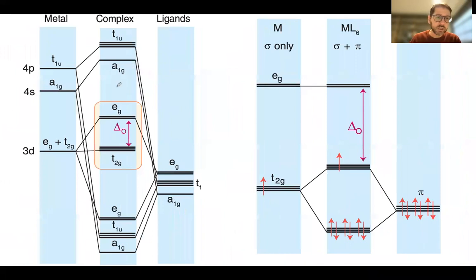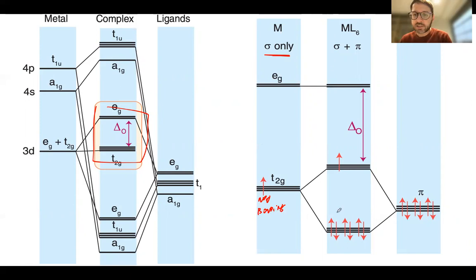So considering the diagram that we just saw and only this region, we have Eg and T2g orbitals when we have only sigma interactions. So this is non-bonding.